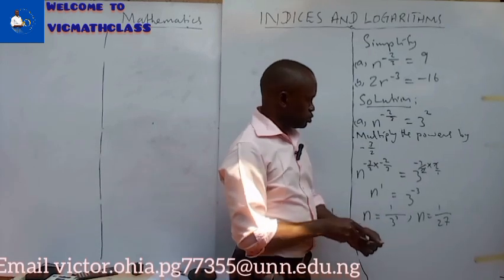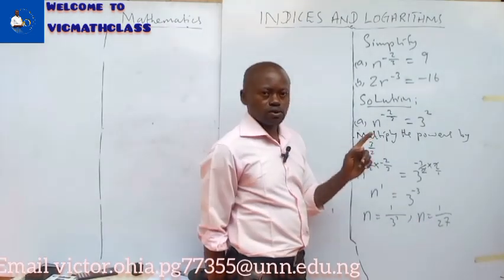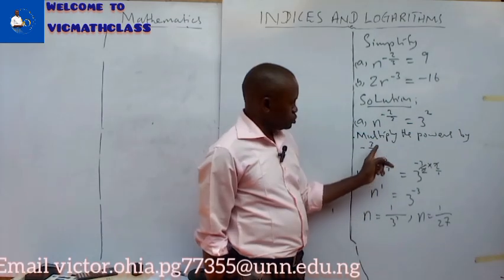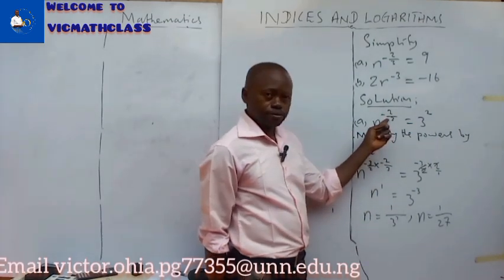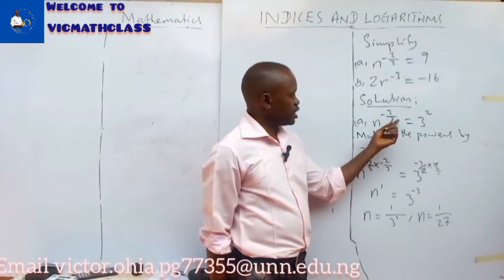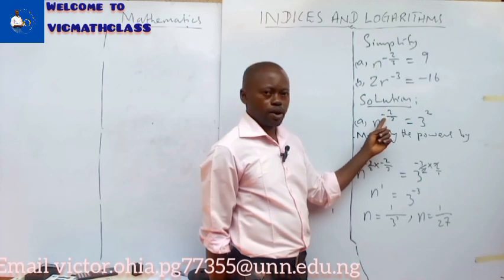I'm sure that is very clear. What was the secret? How were we able to remove this power? One single step: multiply the powers by the reciprocal of this power.